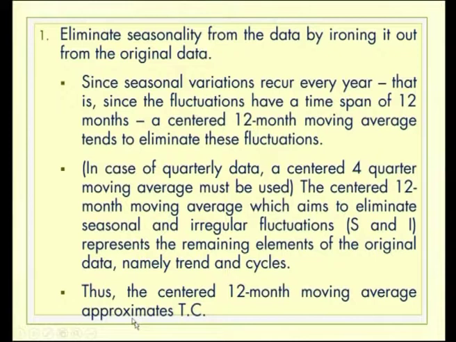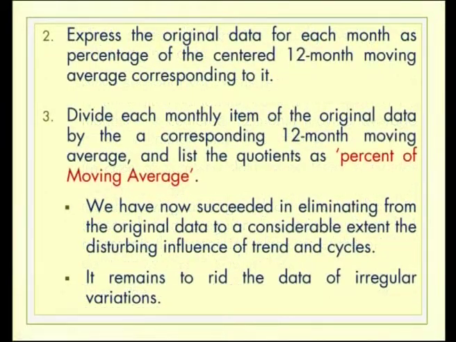The centered 12-month moving average, which aims to eliminate seasonal and irregular fluctuations, represents the remaining elements of the original data, namely trend and cycles. Thus, centered 12-month moving averages approximate trend and cyclical variations. First of all, express the original data for each month as a percentage of the centered 12-month moving average corresponding to it.